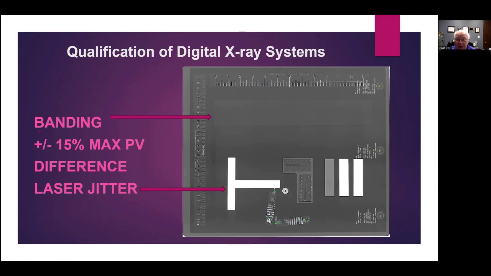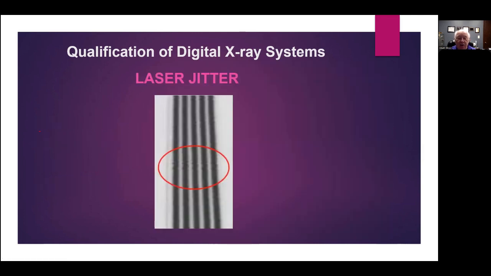Now I've never seen any bad laser jitter, so I had to steal this out of an ASTM document. So here you can see this shaking. So it would distort the edge of the T and you'd have sawtooth marks like this on your image. So that would be a problem with laser jitter.